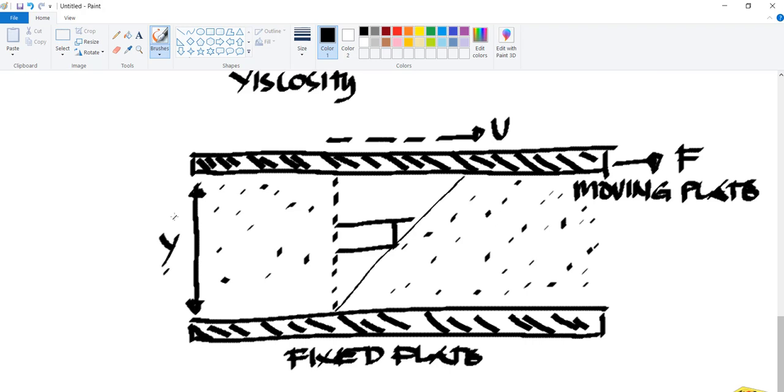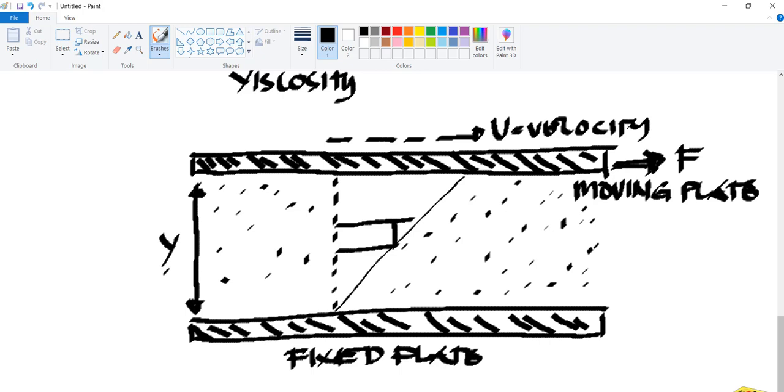Now consider the upper plate to be subjected to a force. So you have a force here, and it is moving now, and so as to move, you have a constant velocity. So this is the velocity. Then the fluid in contact with the upper plate will adhere to it and will move with the same velocity. Right?